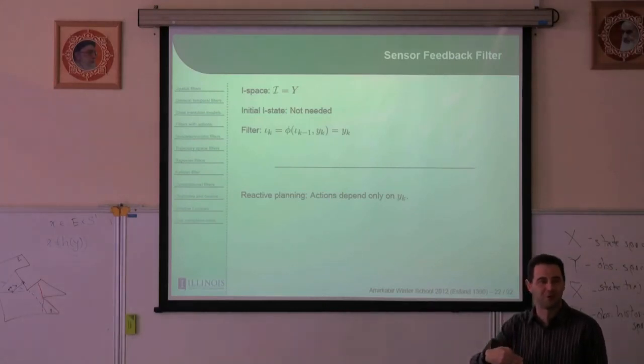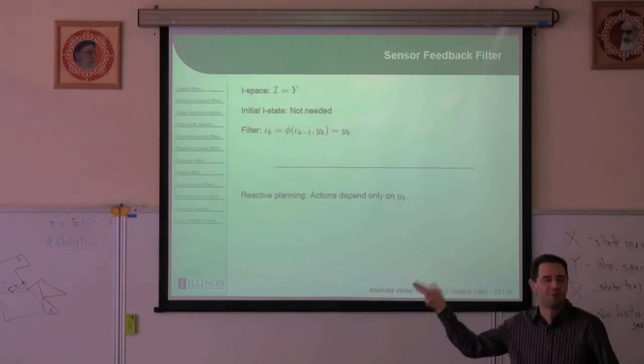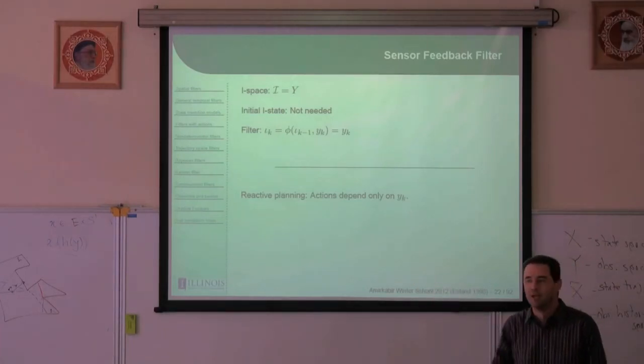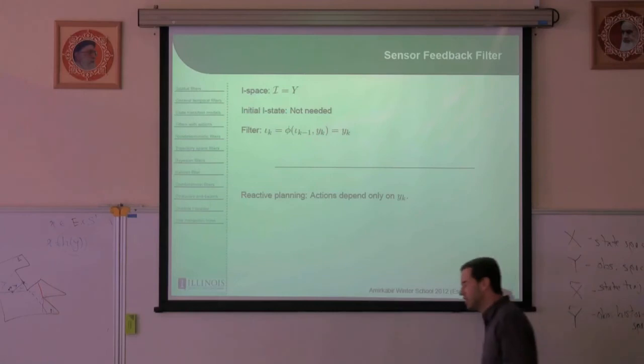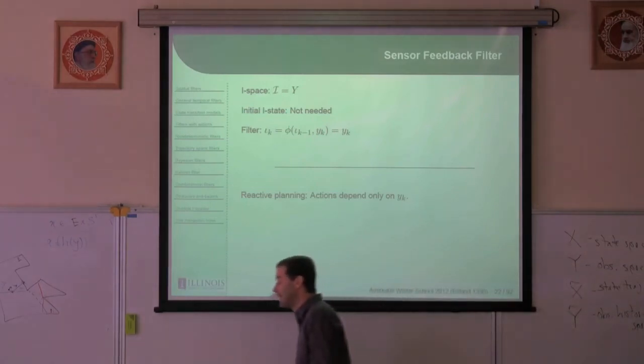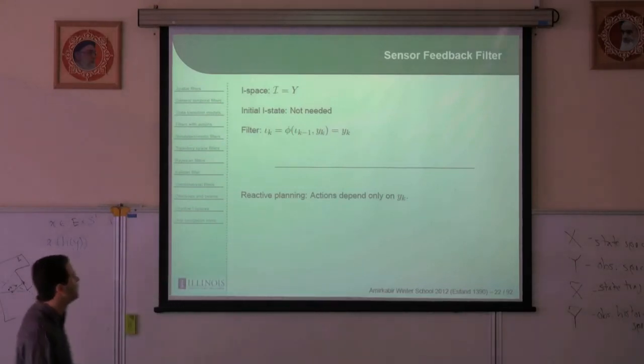That means your filter is so trivial, and yet it still works really well. It's wonderful. That's perfect sensor feedback. Sometimes people call that reactive planning, if somebody's seen that around in artificial intelligence literature. Just the actions you take depend only on the information you have right now. It's memoryless, right? All right, so that's one possibility.